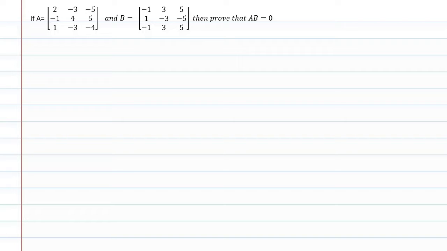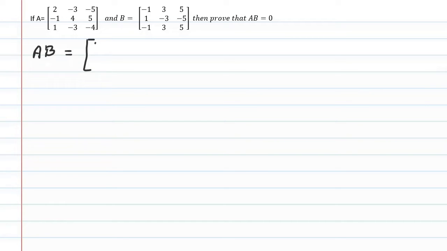So, if I multiply these two matrices, I am supposed to get a 0 matrix, or you can say a null matrix. First, I want to multiply these matrices A into B. I do not need to check whether multiplication is possible or not, because both are 3 by 3 square matrices. So, let us multiply these two matrices.